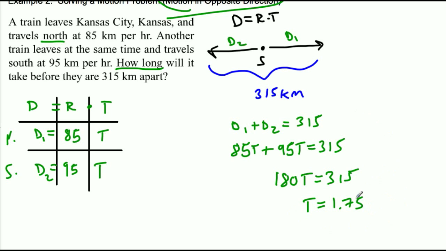What does this mean? The question was, how long will it take before they are 315 kilometers apart? And since we're in hours, this would mean 1.75 hours.